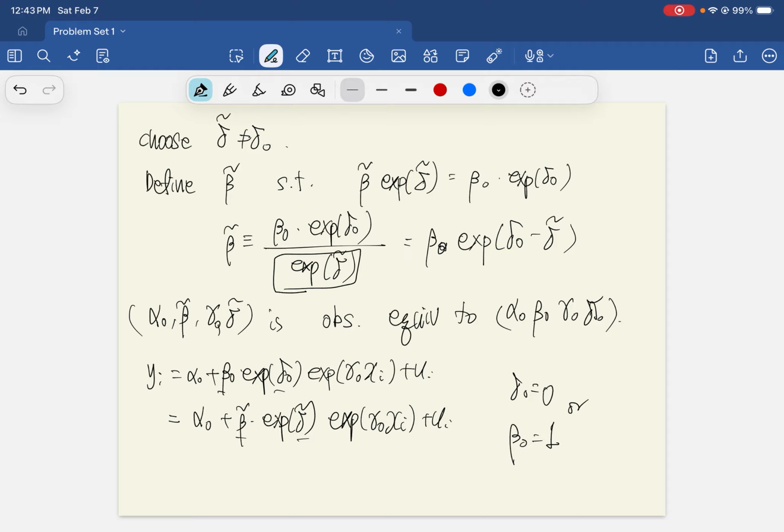Or you can just reparameterize as if the product equals theta. Then theta is identified. You only identify them as their product, but not separately. You cannot separate them. That is a problem. So that is the idea of identification failure here.